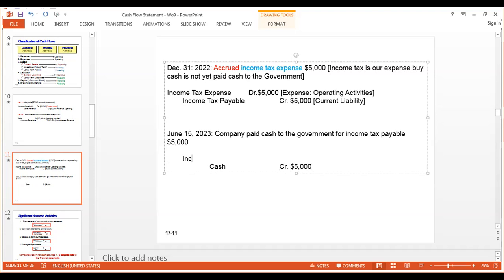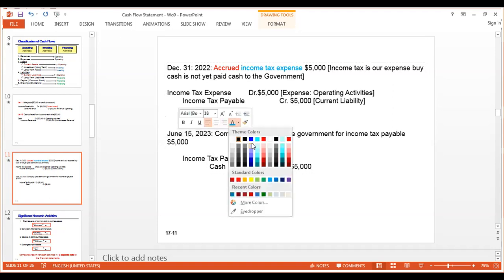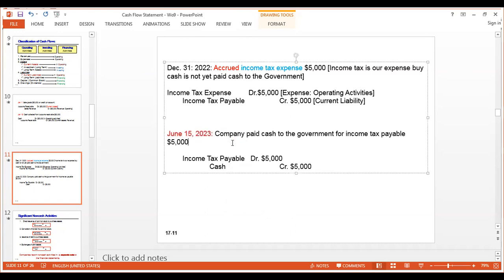Income tax payable. Yes. Income tax payable debit, $5,000. Now these transactions, December 3rd, June 15, these transactions we should report under cash flow statement.